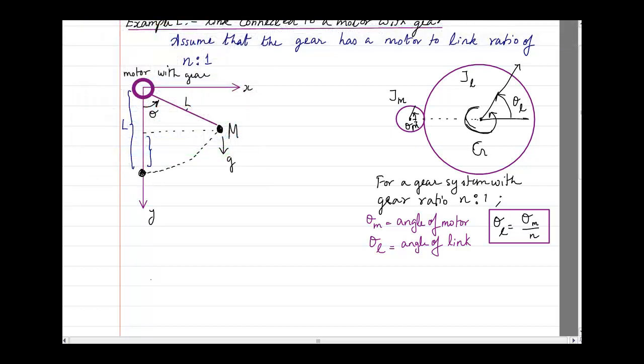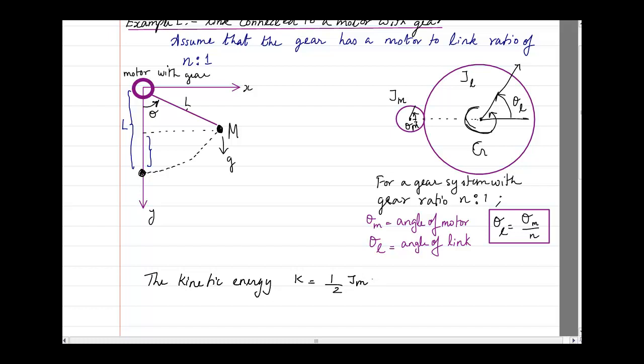The kinetic energy will be composed of two portions. First will be because of the motor, and second will be because of the link connected to the gear. The one connected to the motor, I can write as half Jm, where Jm is the moment of inertia.